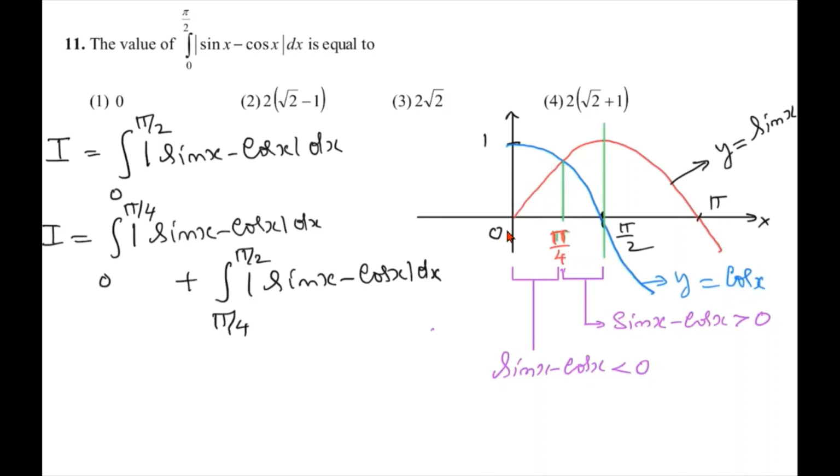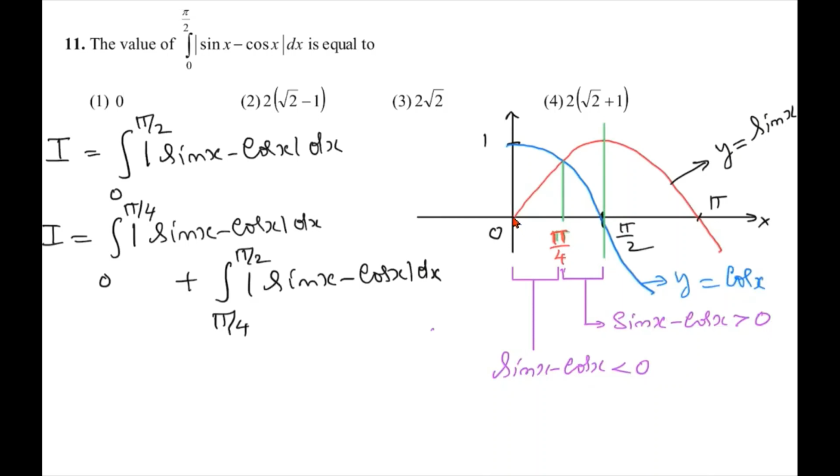Now look at this interval 0 to pi by 4. From 0 to pi by 4 cos x value is more than sin x value. So sin x minus cos x will be negative. Whereas from pi by 4 to pi by 2 sin x value will be larger than cos x value. So sin x minus cos x will be greater than 0, that is positive.